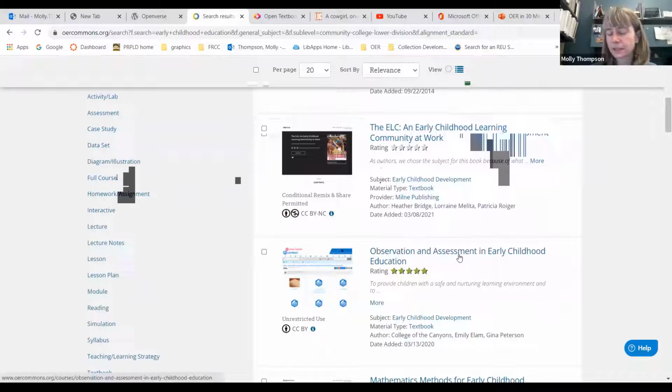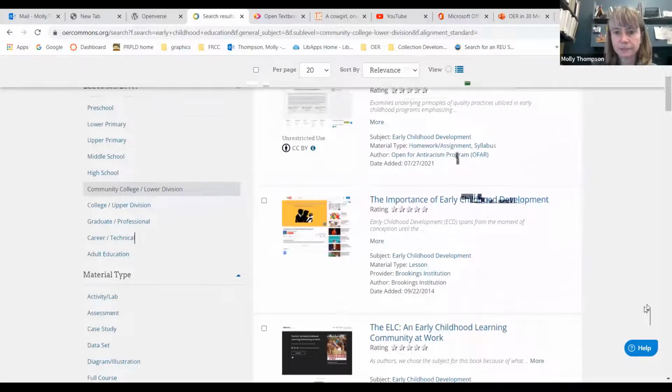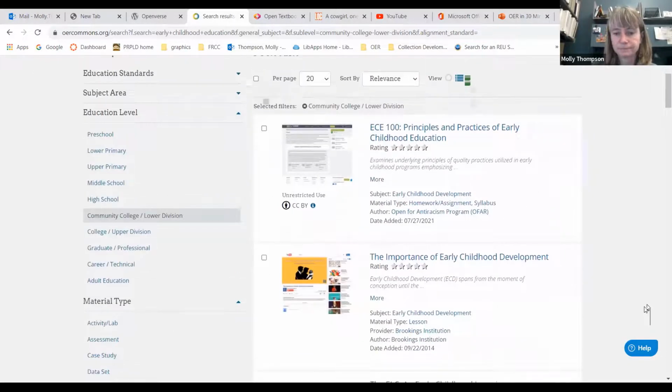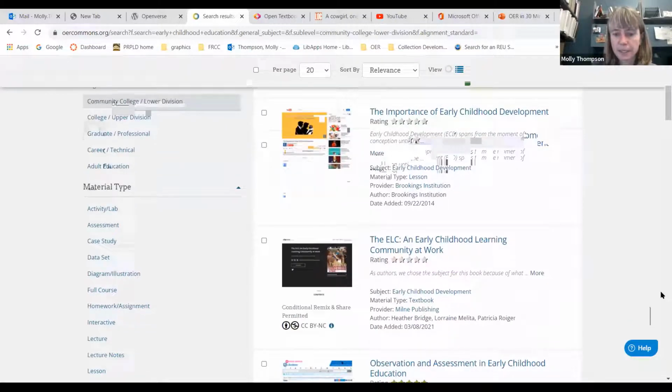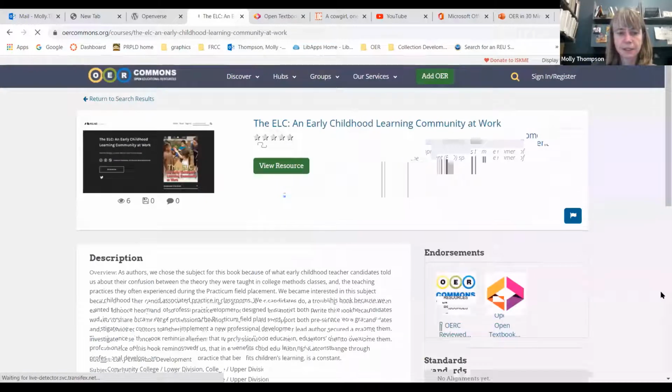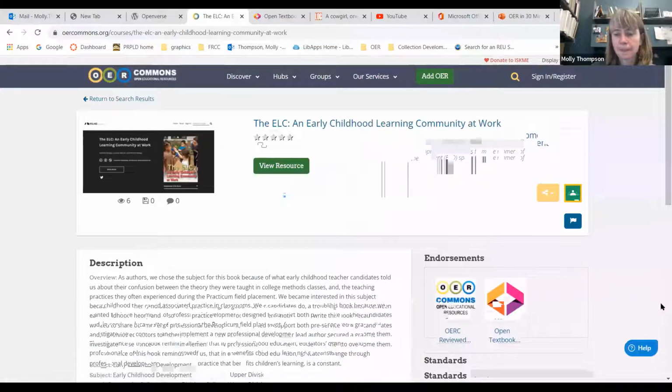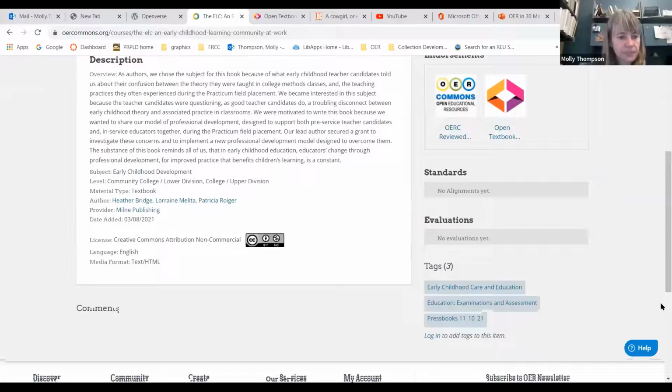So let's say I was just going to look at this one. So this is a textbook. We can view the resource here. Nobody rated this textbook yet, but that's okay.